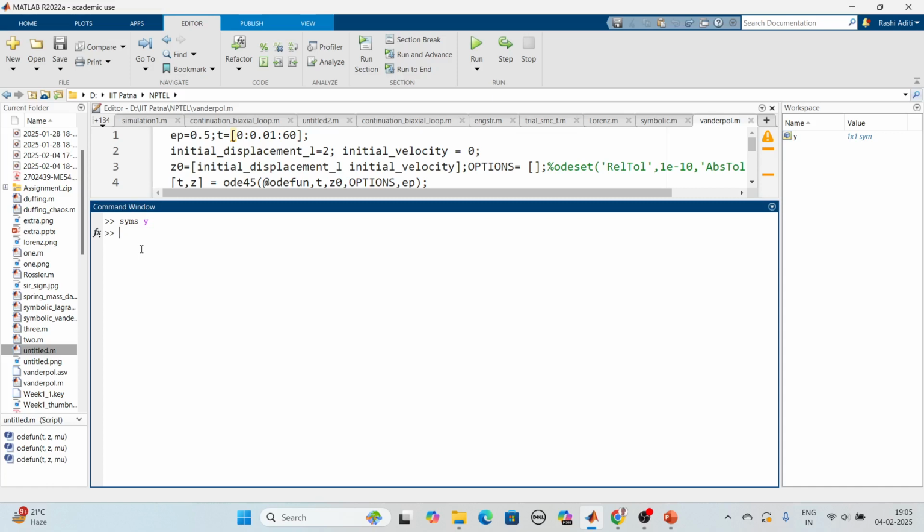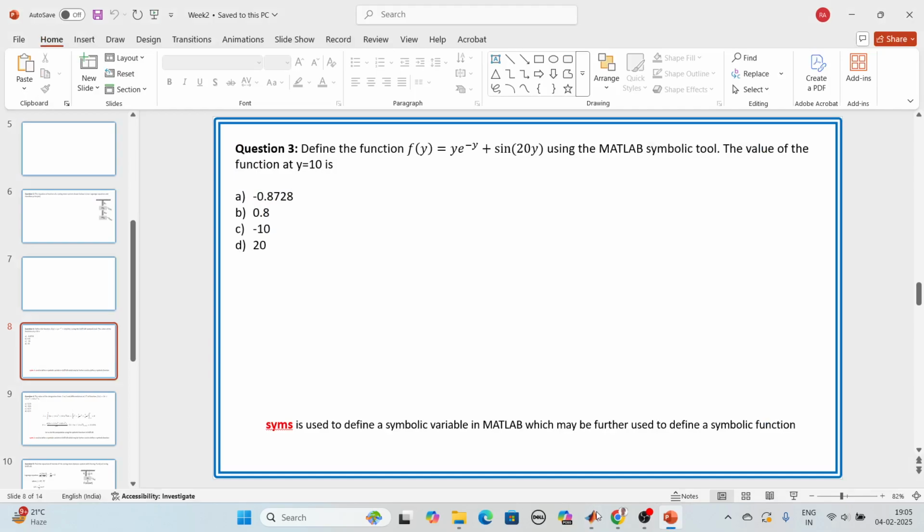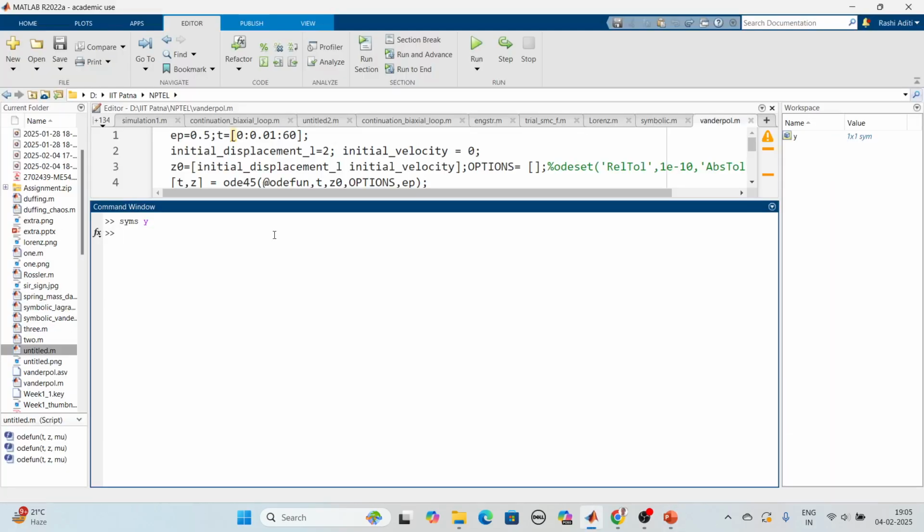Okay. So for the given equation, y e to the power minus y plus sine of 20y, we'll define it. We'll assume it as f equals y into exp.